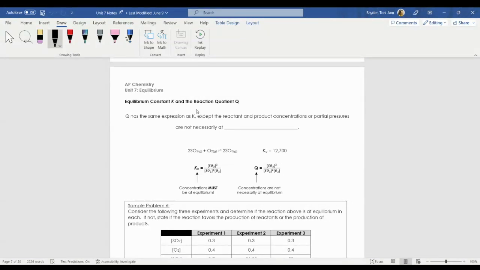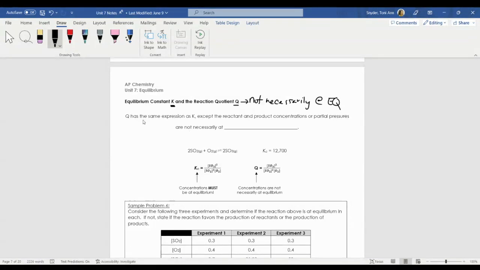So we're going to use the equilibrium constant K, which is what we've already been talking about, and relate that to a new variable called Q. And Q is not necessarily at equilibrium. We're given the conditions of a reaction, and we want to know, is this at equilibrium based on those particular conditions?